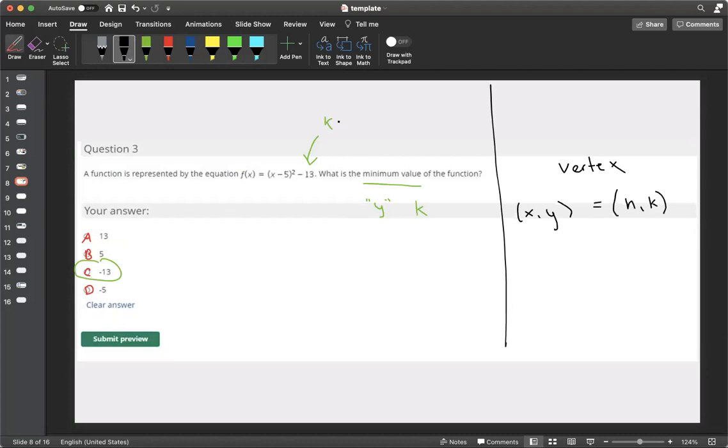So we know the k value is a negative 13. And then if we look here, we should know that is our h. Anytime we have parentheses, we switch the sign. So instead of a negative 5, that is a positive 5. So my vertex is going to be 5 comma negative 13. So they could ask you this on the test. So we need to be prepared.